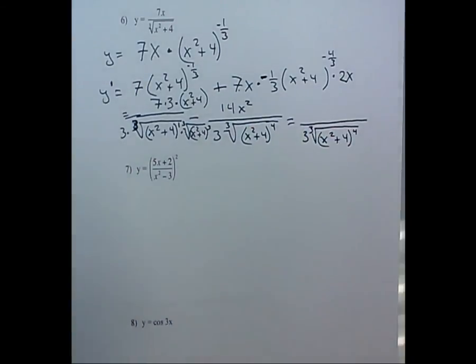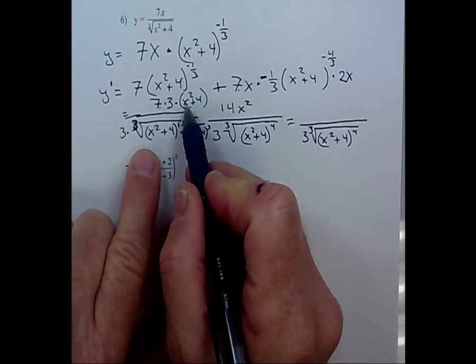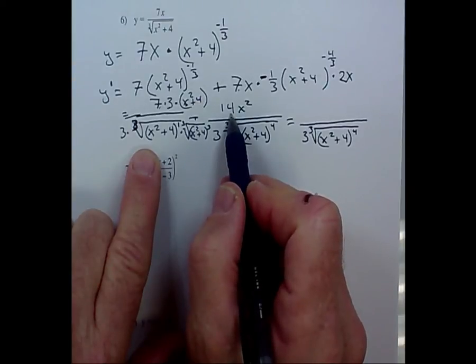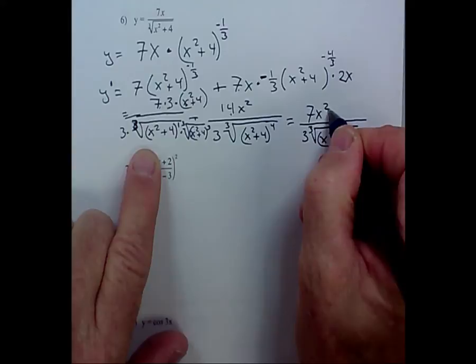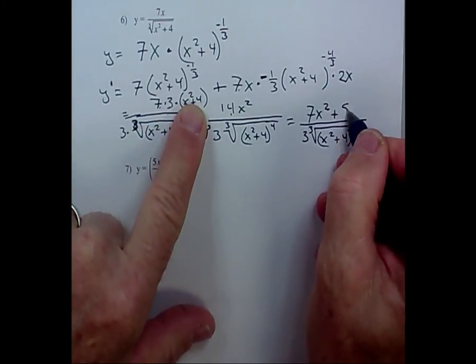That's really all I multiplied by, right? So what I'm going to get here is 21x squared. Do you see that? Take away 14x squared. That gives me 7x squared plus 21 times 4 is 84.